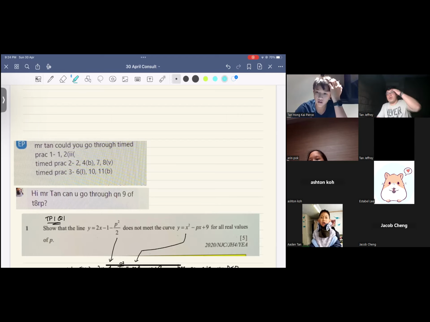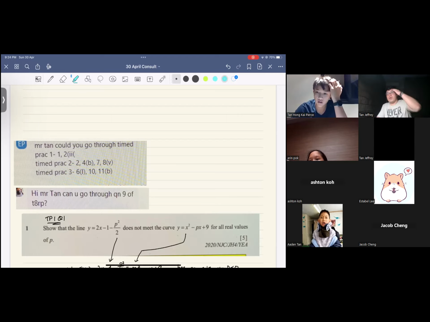I'm just thinking off my head of something like that. Is it factorizable in the sense that you can definitely come up with a linear factor, but not a quadratic factor? Okay, let me give you an example.